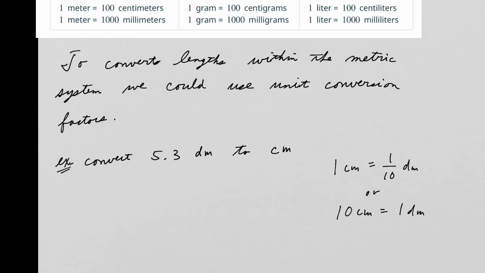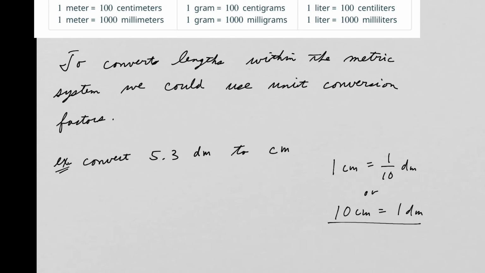Those mean exactly the same thing. I actually find the second way to be easier: there's 10 centimeters in 1 decimeter. So remember, we can form our unit conversion factors. I can either write this as 10 centimeters over 1 decimeter, or I can write it as 1 decimeter over 10 centimeters. Just form those ratios one way or the other.